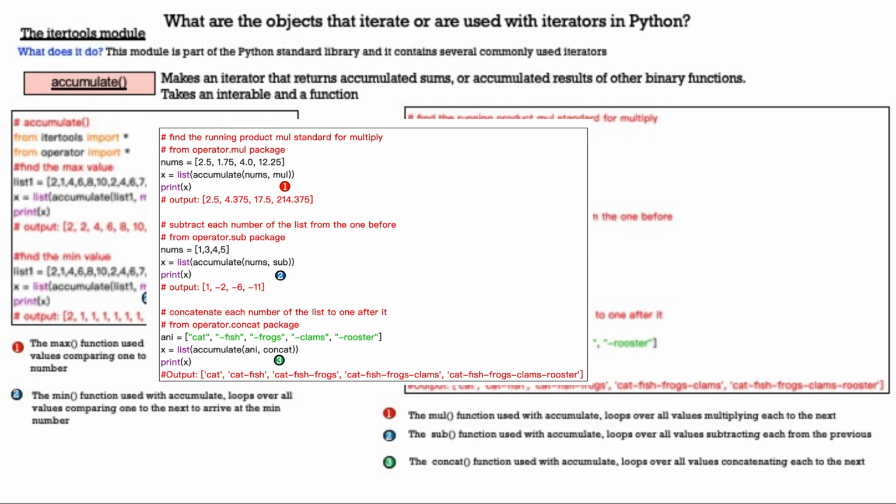X equals list accumulate nums, sub. And the sub function used with accumulate, I bet you can guess what it does. It loops over all values, subtracting each from the previous. And finally, we have the concat. I bet you can guess what that does too. That concatenates each item of the list to the one after it. So we have catfish, frogs, clams, and roosters. And the output starts with cat, then catfish frogs, then catfish. It's like a game of telephone.